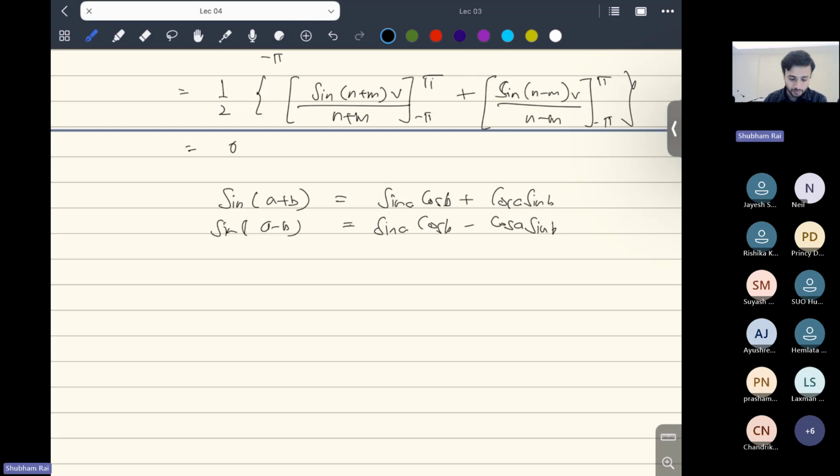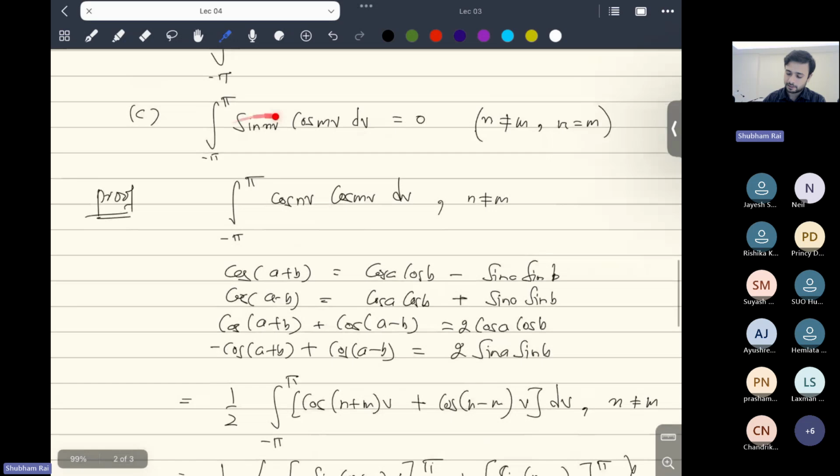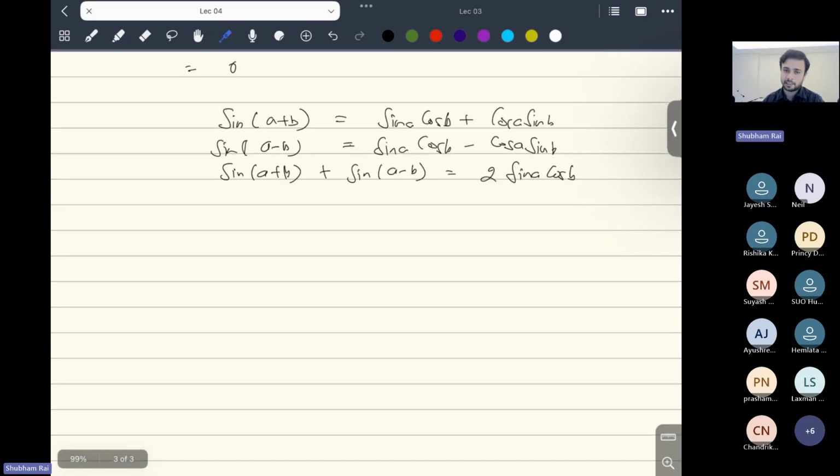So what you have to get is sine and cosine. So you can just add these two terms. So if you add, you will get sine(a plus b) plus sine(a minus b) is equal to twice of sine a cos b, because cosine sine will get cancelled, and then you can use this formula here, sine nv cos mv will be equal to half of sine (n plus m)v plus sine (n minus m)v, and if you integrate, it will go to 0.